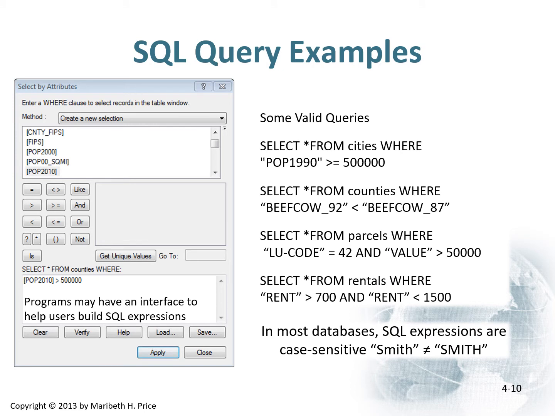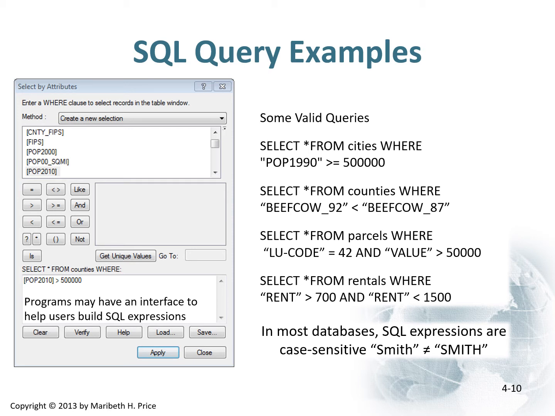One of the things that ArcGIS software does that helps with this is they have these GUIs, these graphic user interfaces. In this case, we're looking at the select by attributes, which is simply a SQL query interface from which you can select what you want to do, like create a new selection or select from an existing selection or add to an existing selection.